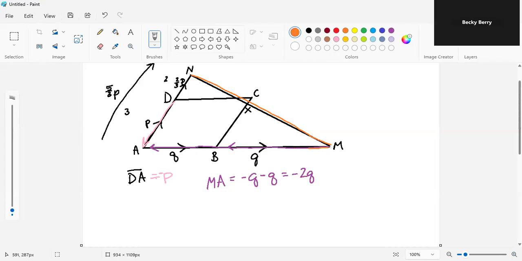So we're going to go opposite of Q, opposite of Q, in the same direction as P and in the same direction as 2/3 P. So for MN, we went a negative 2Q along the bottom, and then we went in the direction of P and the direction of 2/3 P. We've already said that a whole P and a 2/3 of a P makes 5/3 P. So we're going to add because we went in the same direction as 5/3 P.